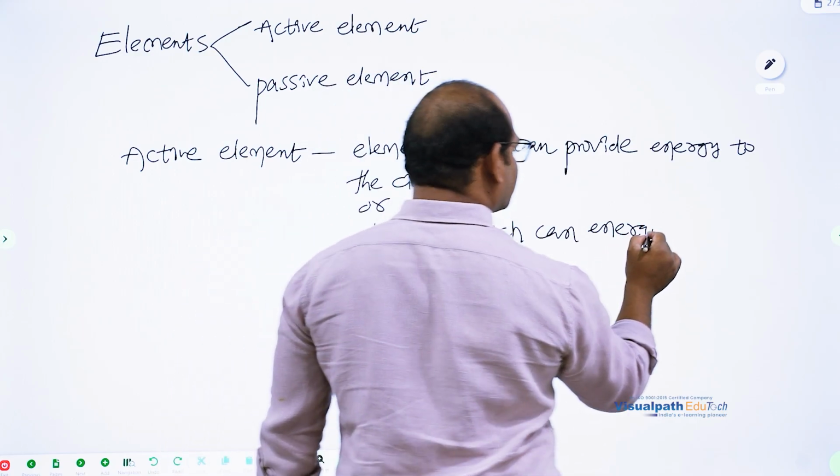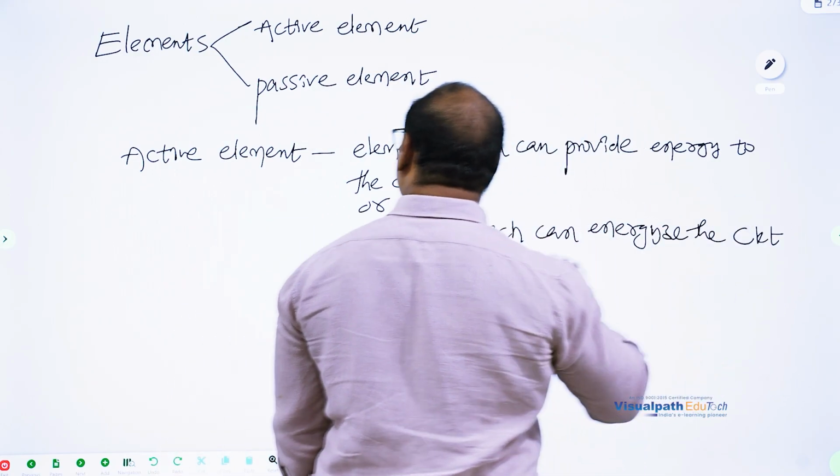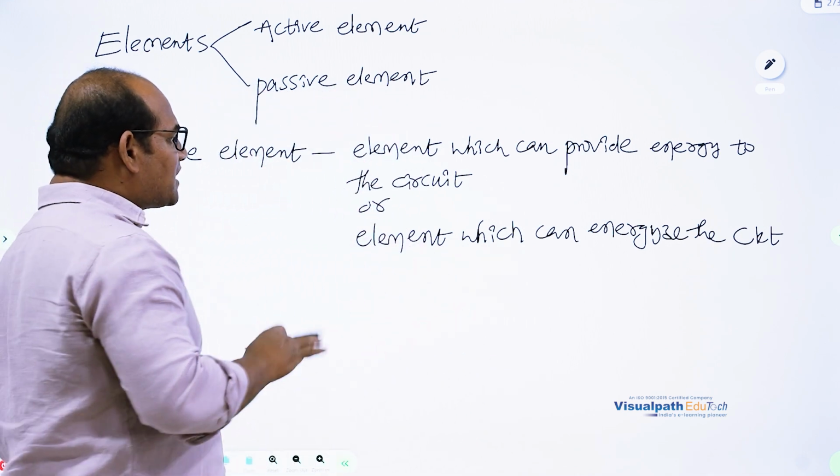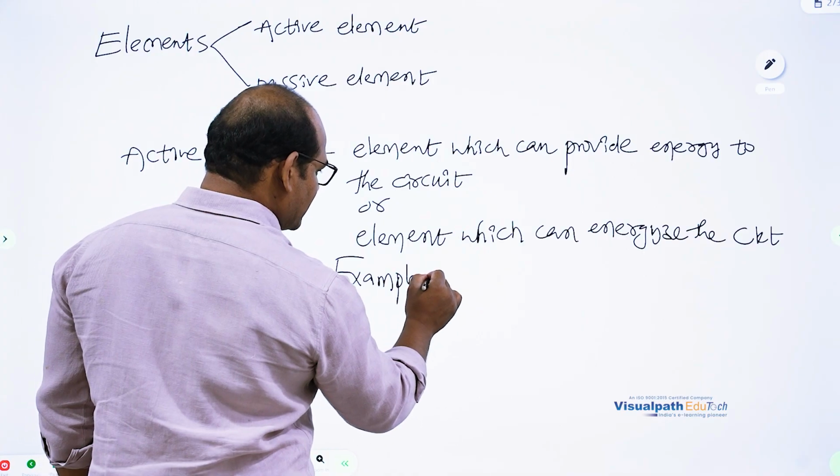That element is said to be an active element. What are the examples for this one? Very well known examples are voltage source and current source.